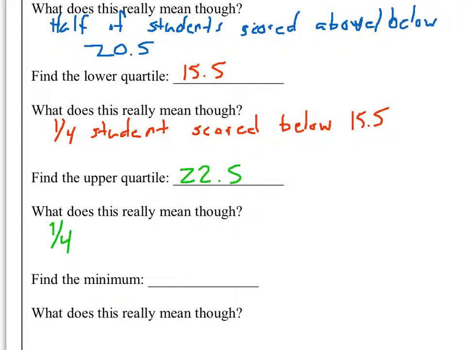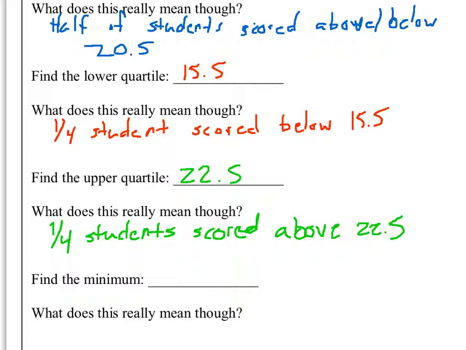One-fourth of students scored above 22.5. Minimum, Marlon?